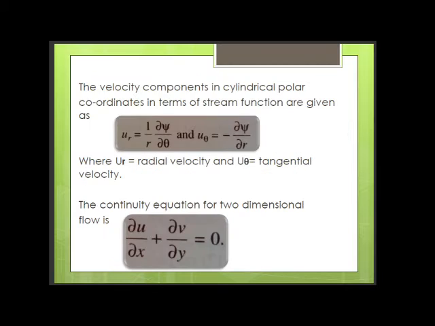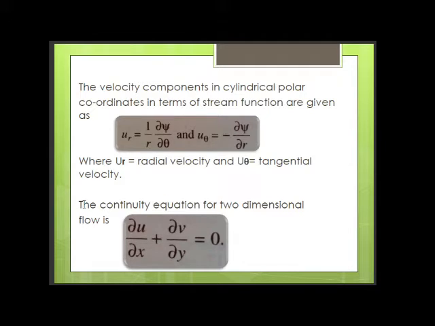The velocity components in cylindrical polar coordinates in terms of the stream function are ur is equal to 1 upon r dou psi by dou theta, and u theta is equal to minus dou psi by dou r. We know that ur and u theta indicate the radial velocity and tangential velocity.